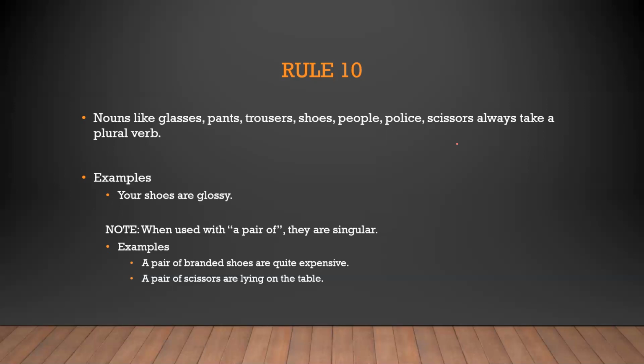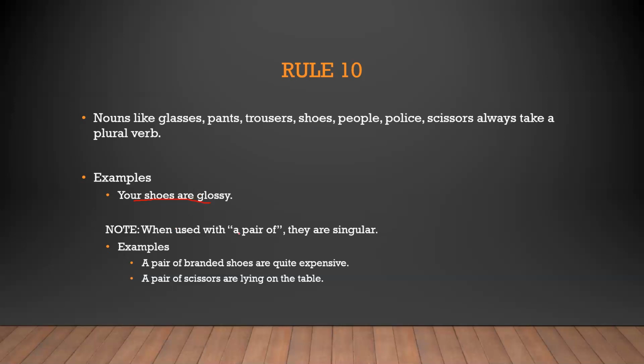Scissors have two blades. Shoes, two shoes are there. We are not wearing one shoe. So they always take the plural verb. For example, your shoes are glossy, right? The shoes you are wearing are very glossy.